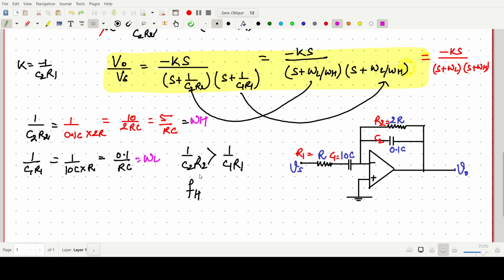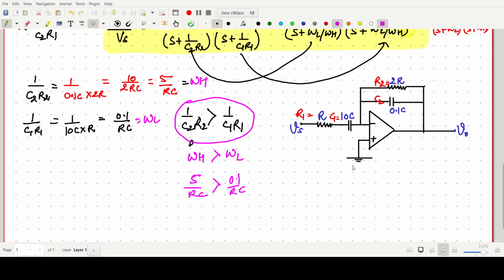From these two, what we observed is that this value is omega H, omega L, because 5 by RC is greater than 0.1 by RC. So now we know which one will be omega L.